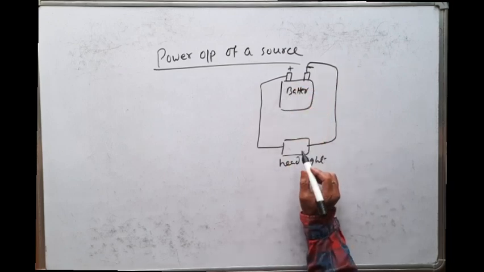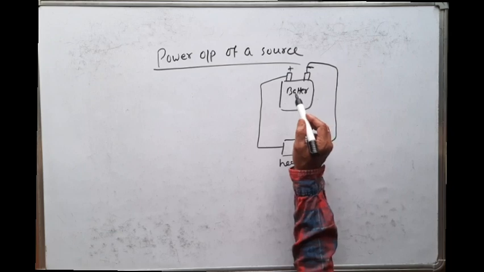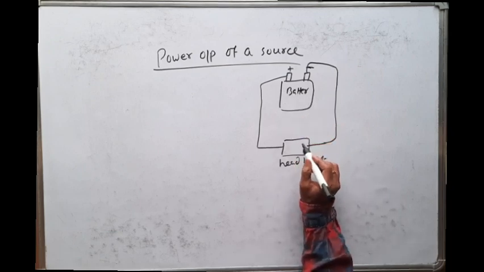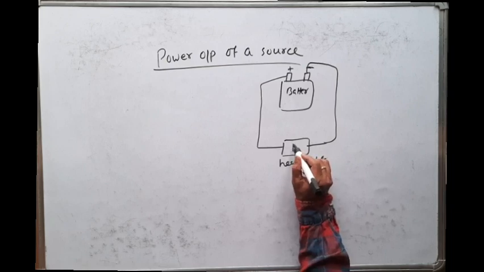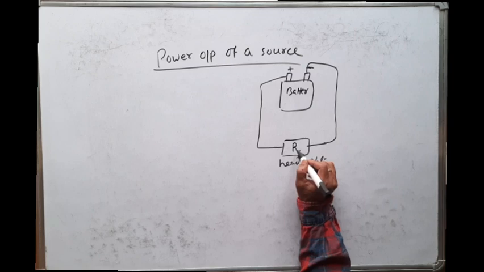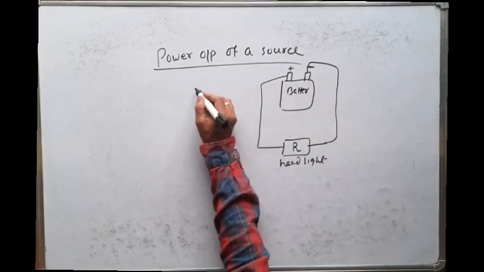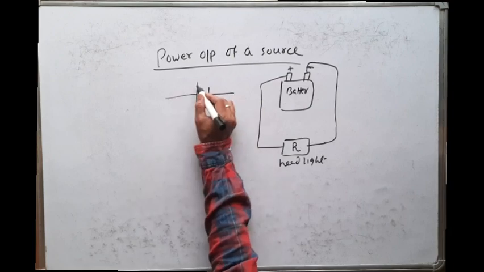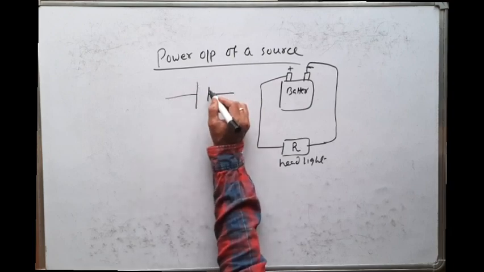Okay. So here energy is delivered to the external circuit. This is the external circuit. This headlight has a coil. That coil has a resistance, let us say R. So this is the positive terminal of the battery. This is the negative terminal of the battery.